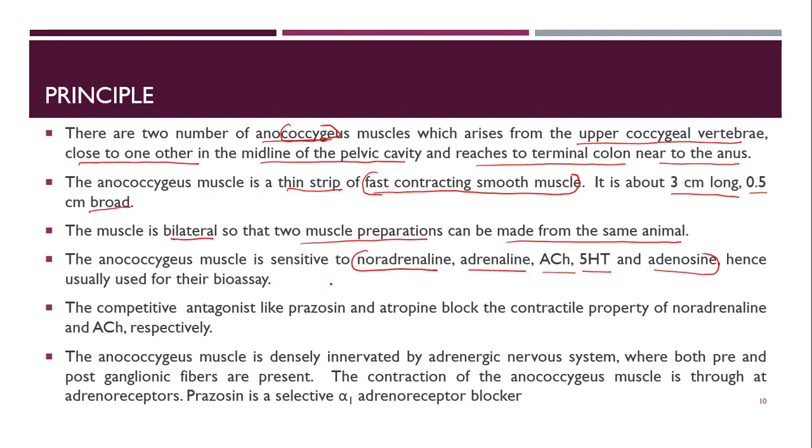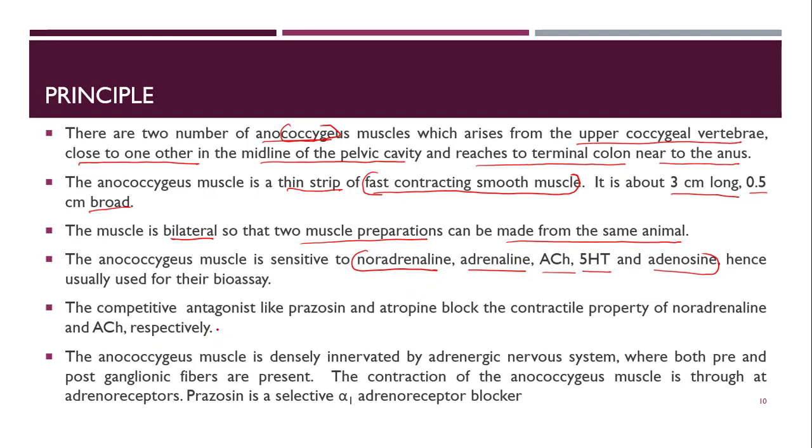So using this particular muscle, we can check the activity of any of these drugs. We just have to replace the agonist with any of these, and replace prazosin, the antagonist, with any suitable antagonist, and then we can determine the pA2 value of that particular antagonist.